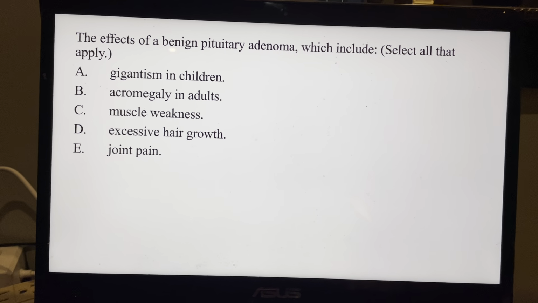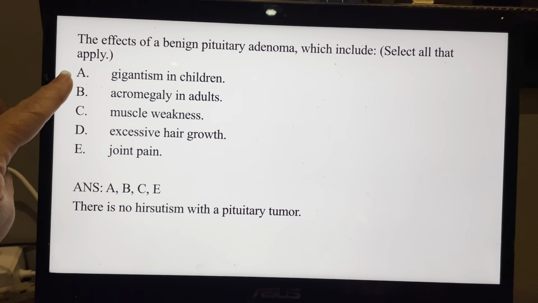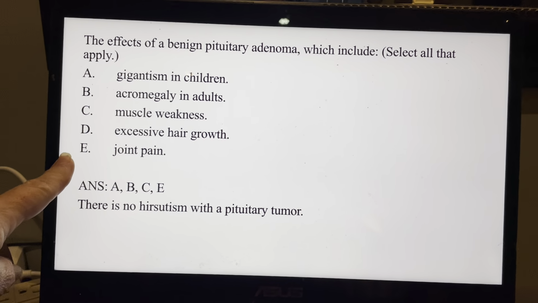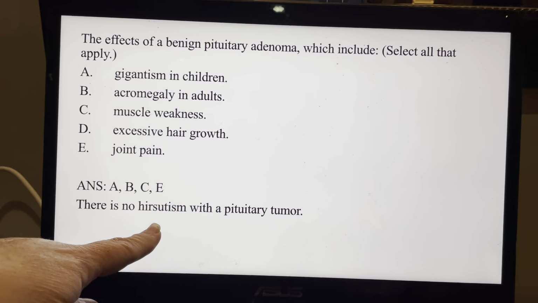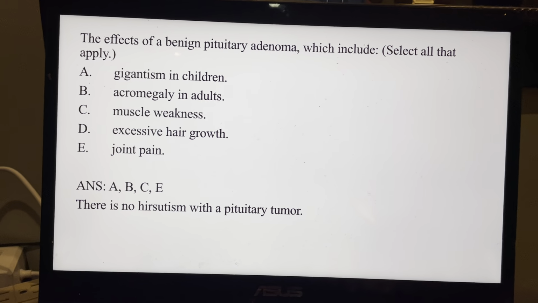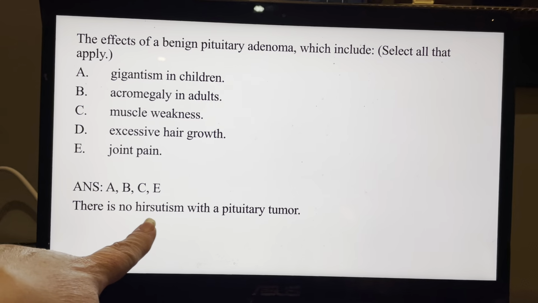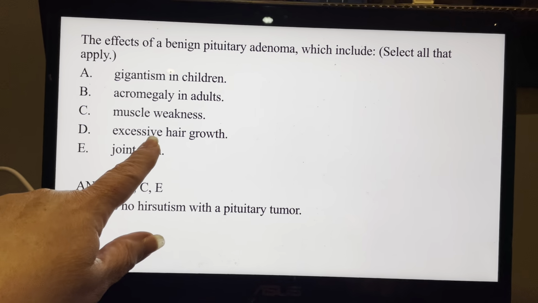Select all that apply. You got your answer? A, B, C, and E. There is no hirsutism with it, which is excessive hair growth. That's what that word means. Hirsutism means excessive hair growth.